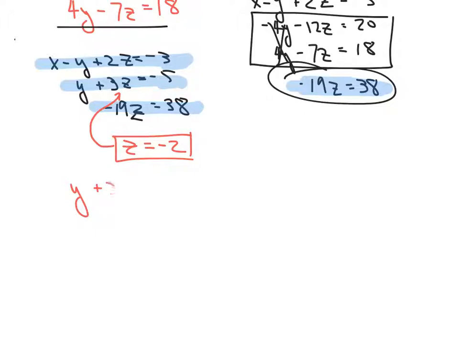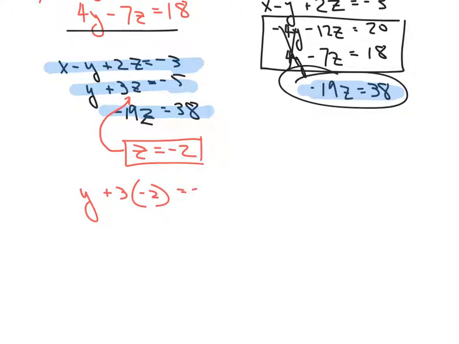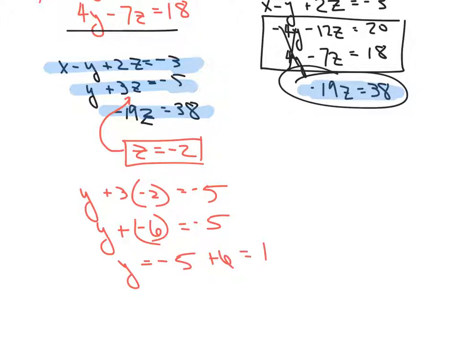Y plus 3 times negative 2 equals negative 5. So y plus negative 6 equals negative 5. So y equals negative 5 plus 6, which equals 1. So y equals 1.